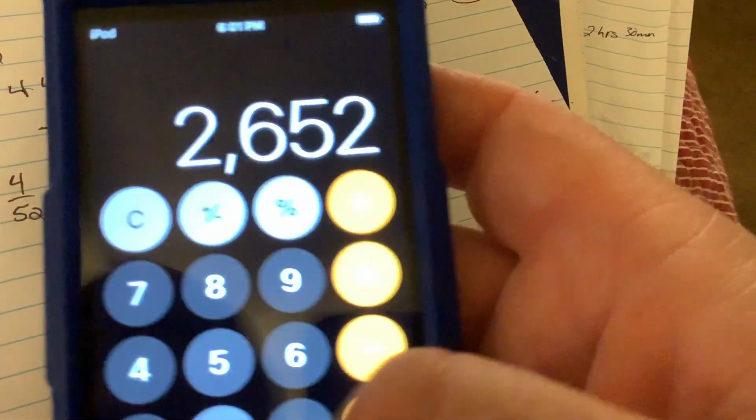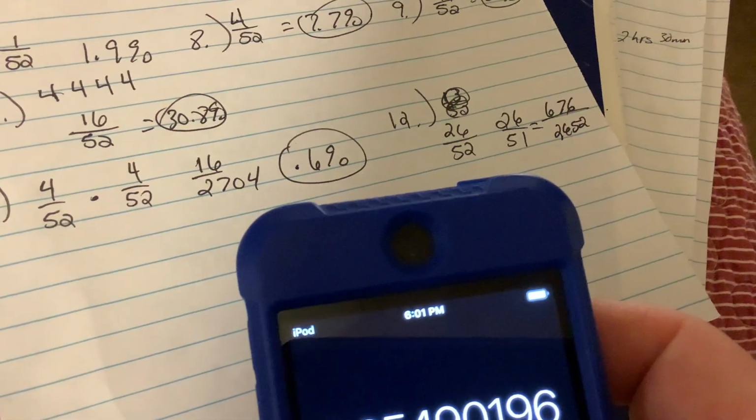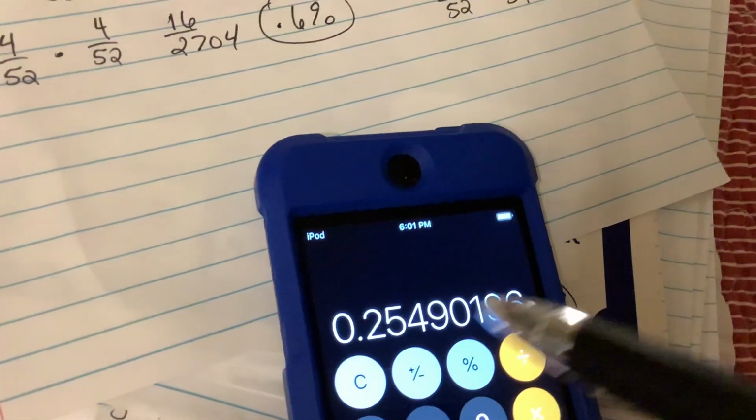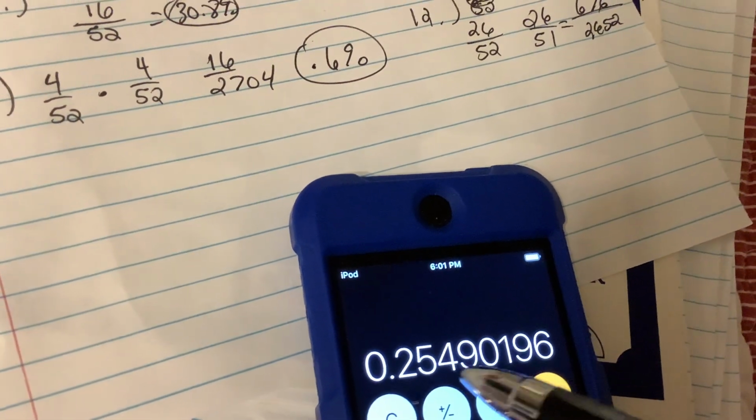Okay, so let's do 676 divided by 2652, and you get 25.5%.